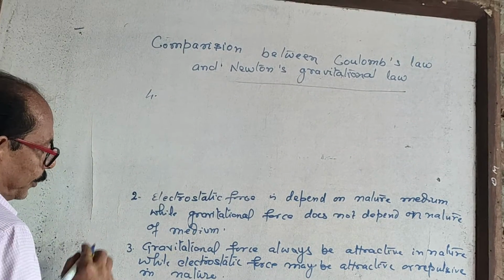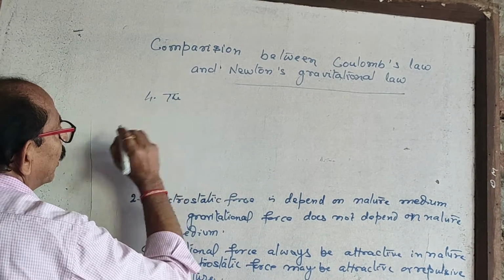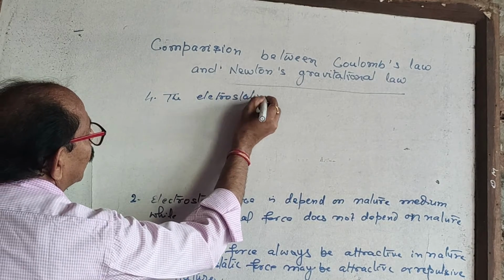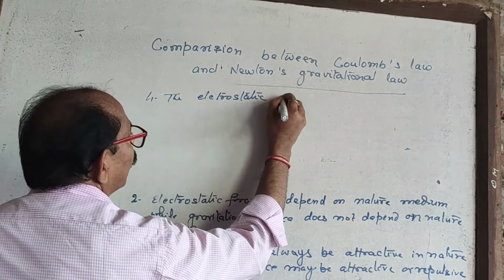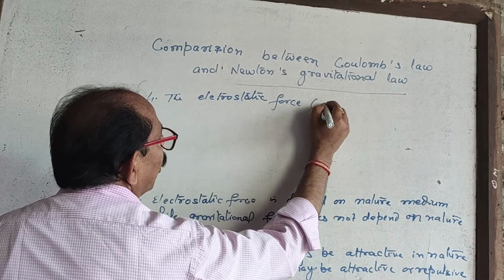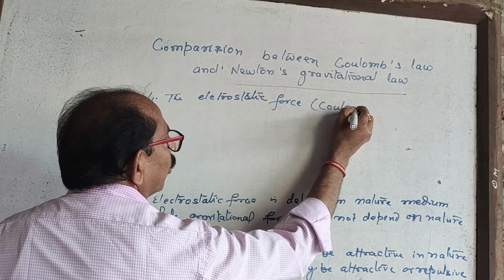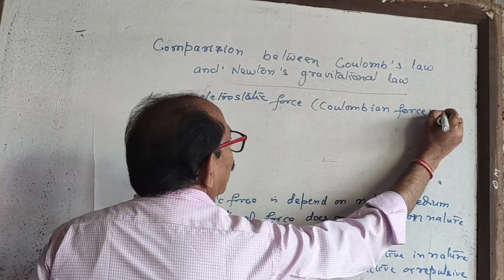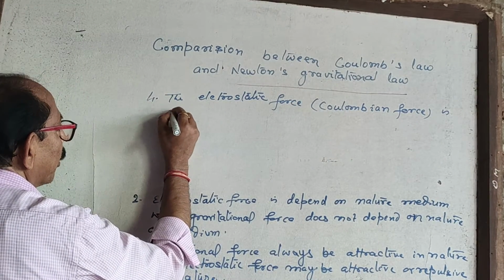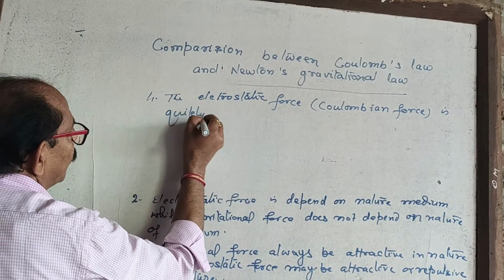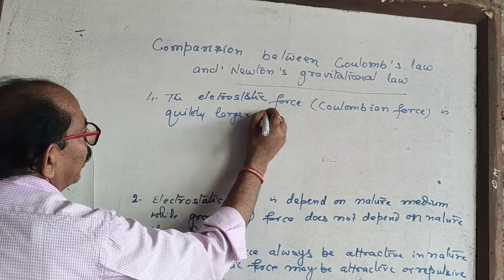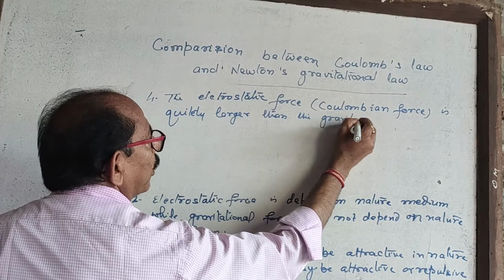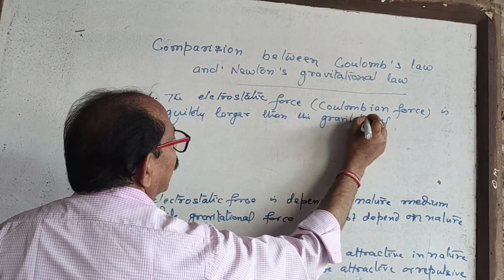Fourth, the electrostatic force, that is the Coulombian force, is quite a lot larger than the gravitational force.